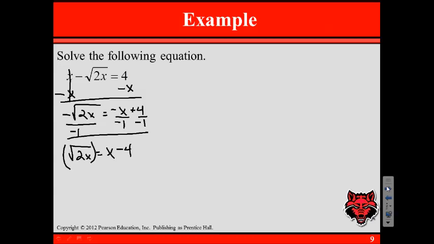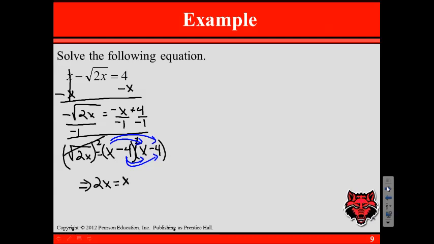So now we square both sides. And remember, when you square a binomial, that's the same thing as writing that binomial in multiplication twice. On the left-hand side, the square and the square root cancel, and we're left with 2x equals, on the right-hand side, we're going to FOIL. So we draw our FOIL arrows: first, outer, inner, and last.